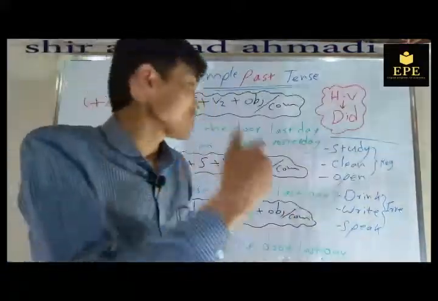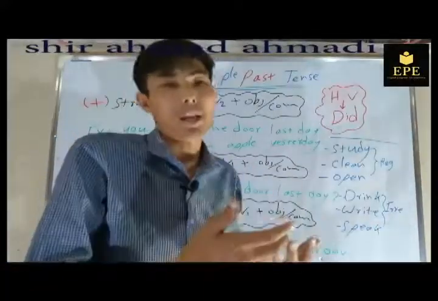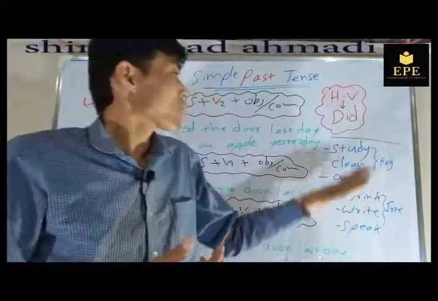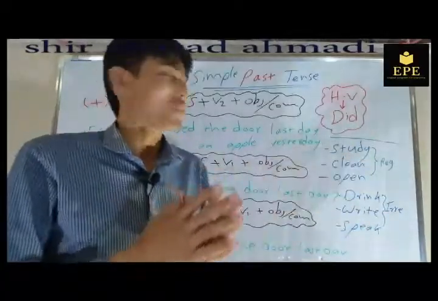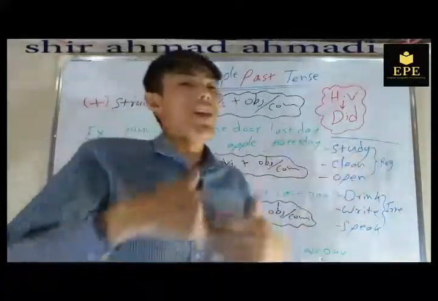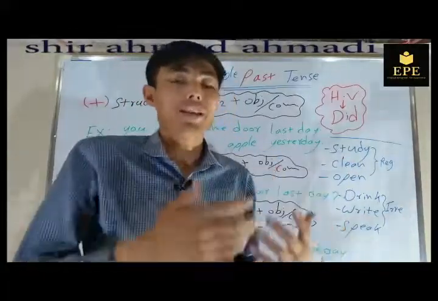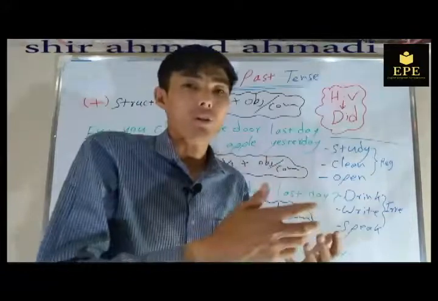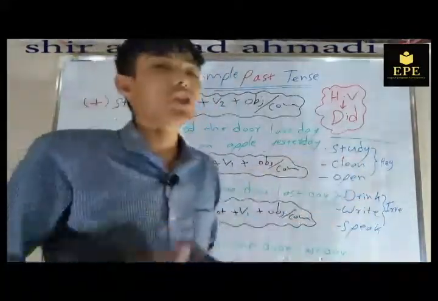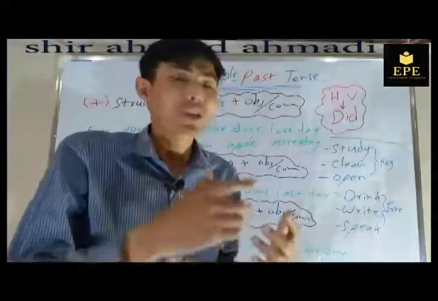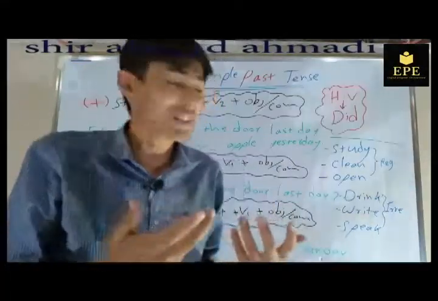Study, studied; clean, cleaned; open, opened, just like this. Would you give me an example about study? We studied English language last year, last week, last month, or she studied English 3 years ago, 3 months ago, like this.